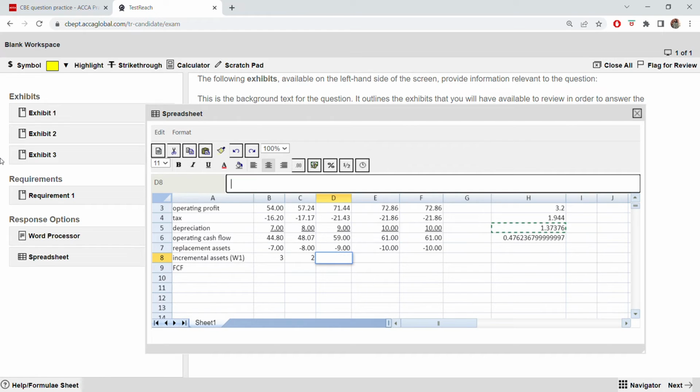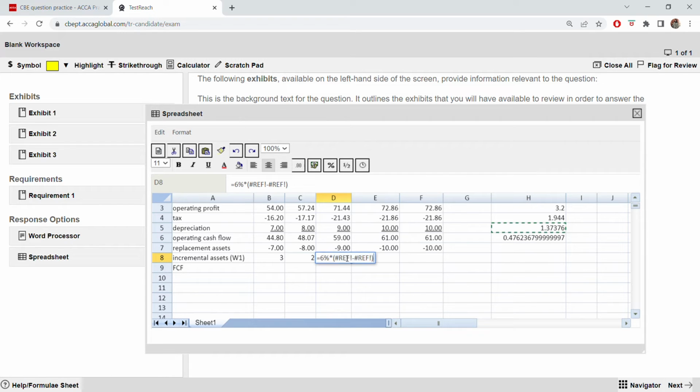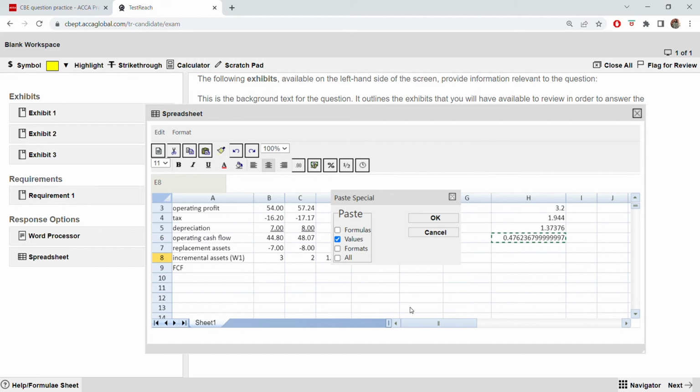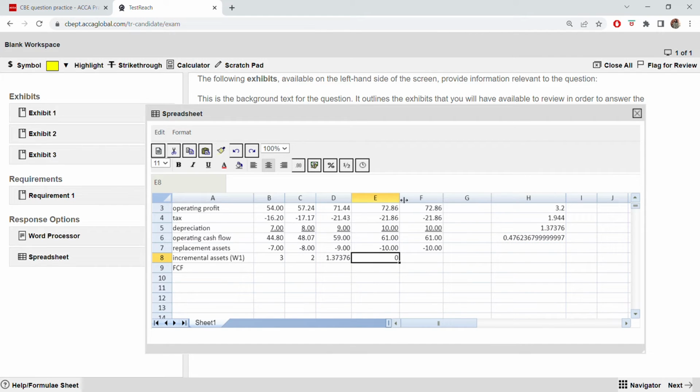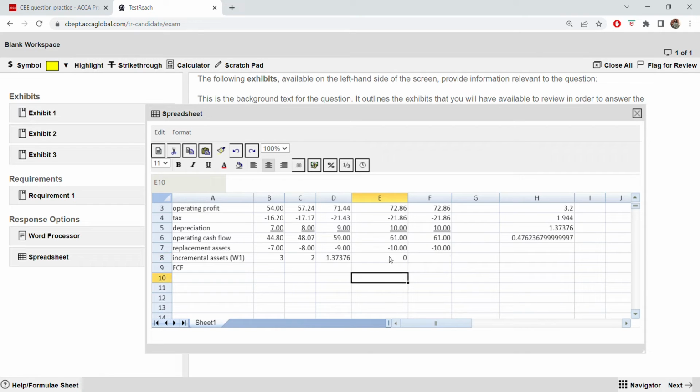You see, the moment you paste, it will come reference because the formula was here. So copy, paste special. Okay, you need to extend this. Okay, it is 0. But if you click here, you can see the number here, and here it is 0. All this is minus.